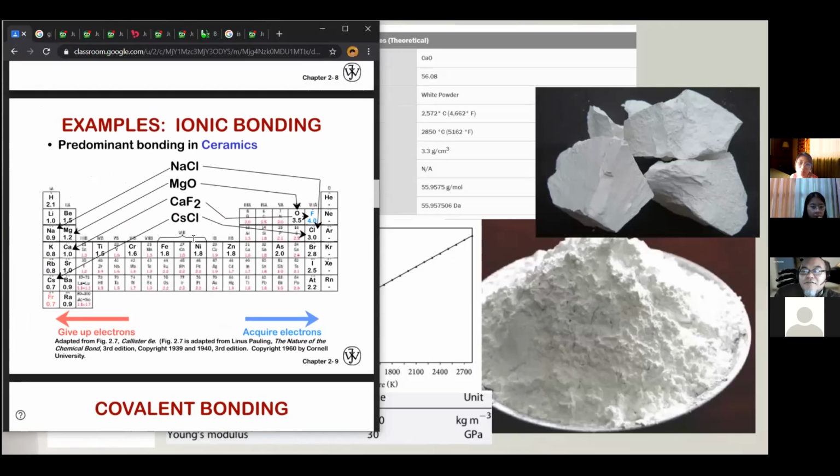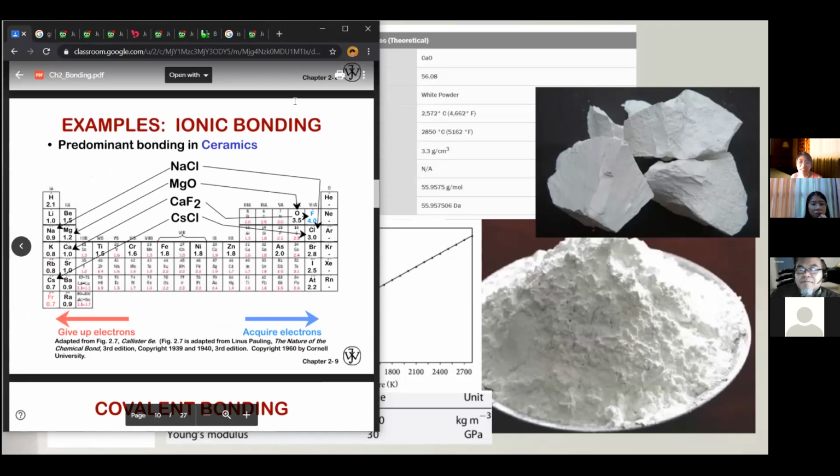So they have a 2.5 difference in electronegativity, right? Yeah, that's what makes them bind using ionic bonding.